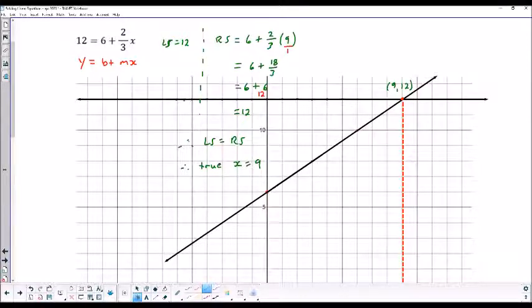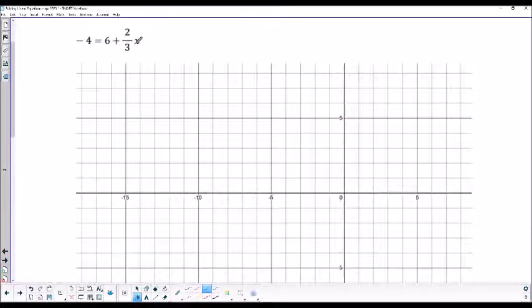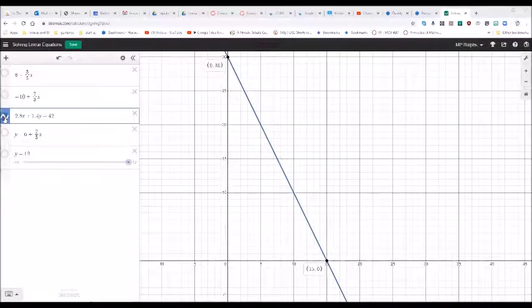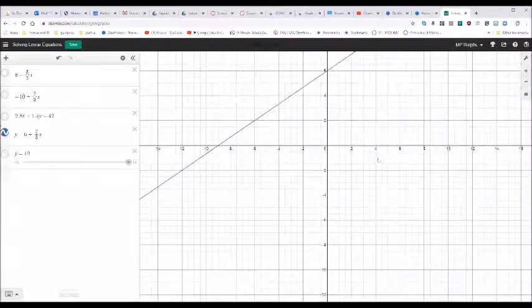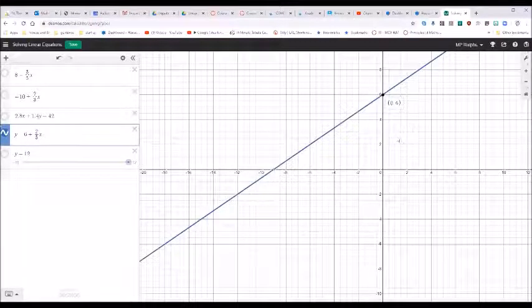Now, if I go to the next thing, here's the same line again, 6 plus 2/3 x, and -4 is the y value we're going to be looking at. I'm actually going to just do this on Desmos for the sake of brevity. 6 plus 2/3 x is this graph here, and here's 0, 6 is the y-intercept as before.